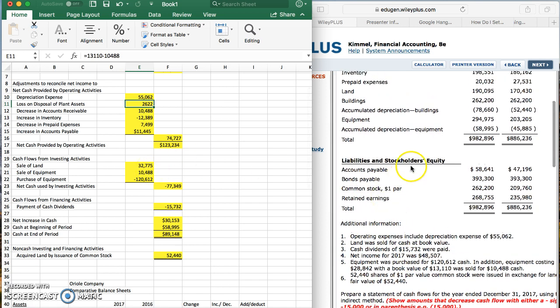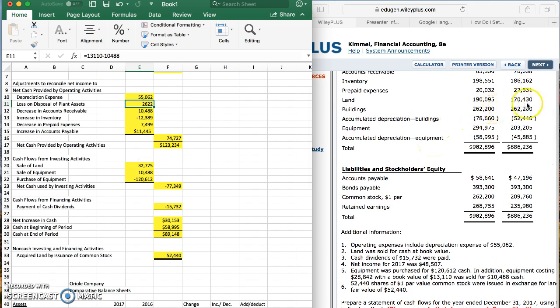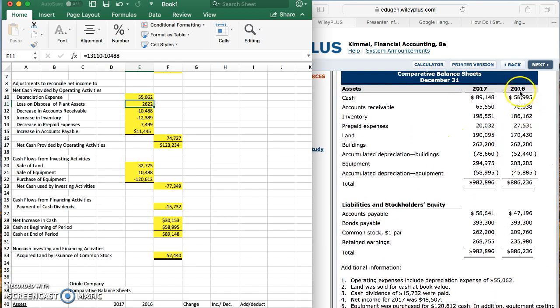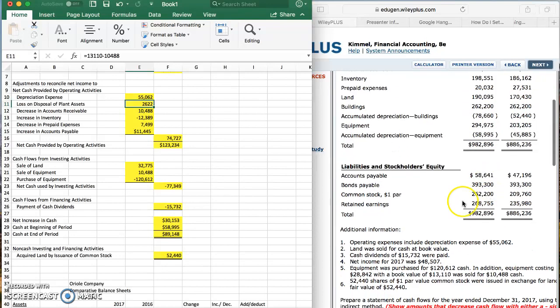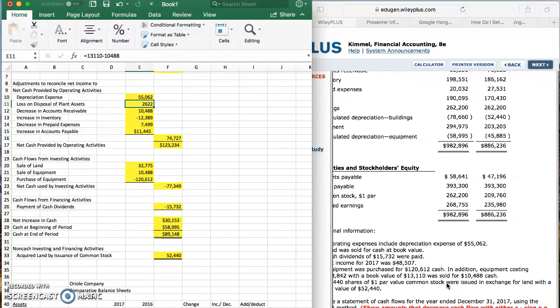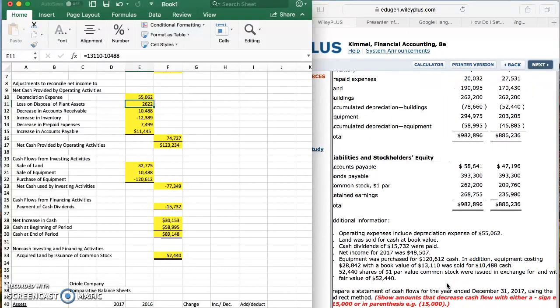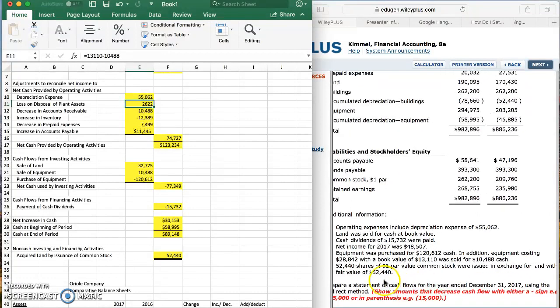Land does not depreciate. And we began in 2016 with the land being valued at $170,430. But it says in here, 52,440 shares of $1 par value common stock were issued in exchange for land with a fair value of $52,440.